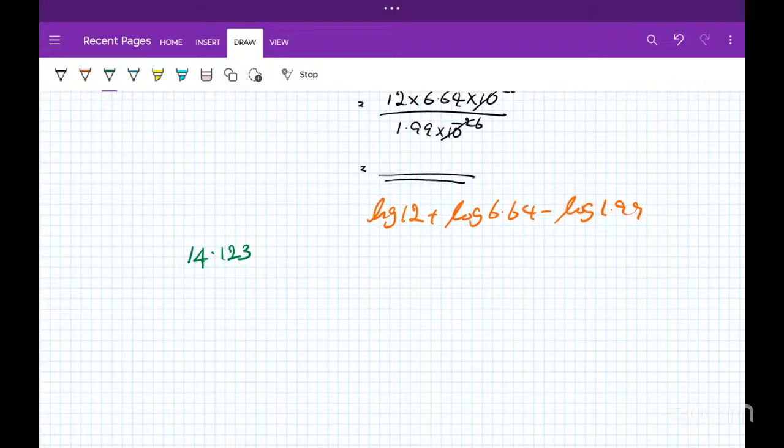So you can take it as A and A. Yeah. Okay. Good.